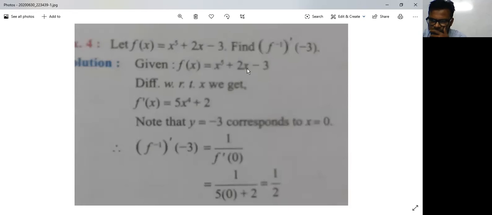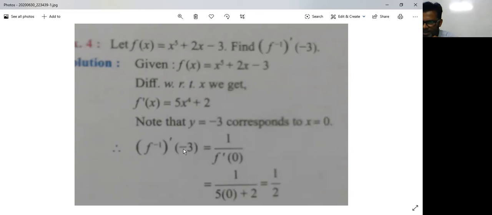You have to differentiate this, then for this, that is an inverse, so its reciprocal will be 1/f'(x). And how much is x? x is 0 when y is -3, because y is equal to f(x), so the inverse of y will be x, right?